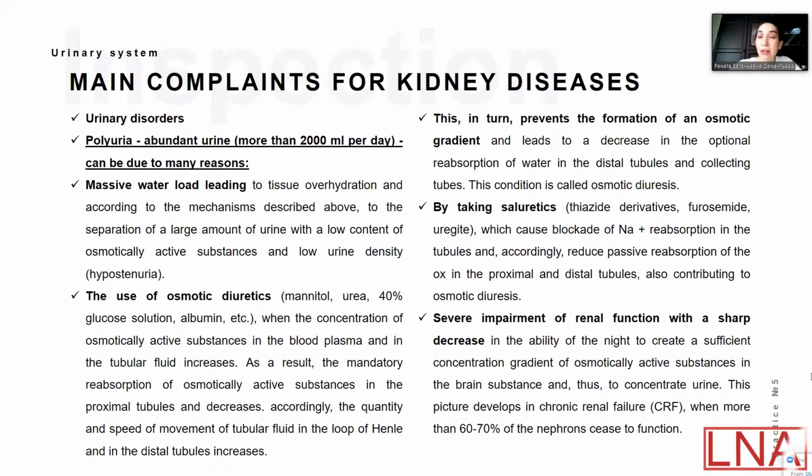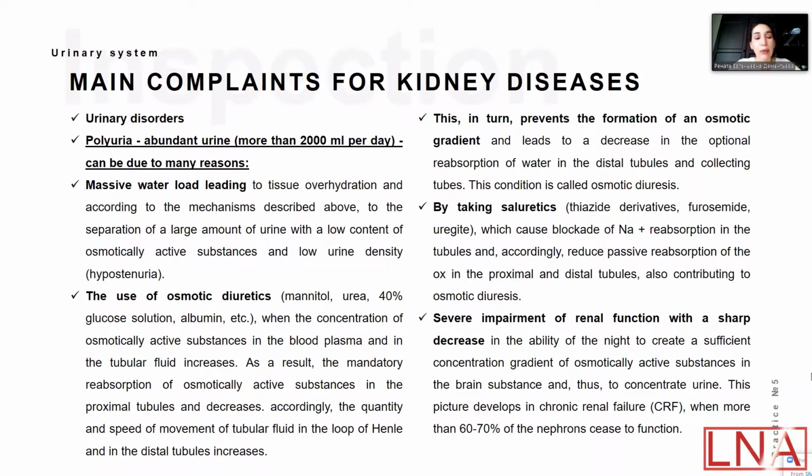The second cause of polyuria can be the use of osmotic diuretics. When the concentration of osmotically active substance in the blood plasma and in the tubular fluid increases, as a result the obligatory absorption in the proximal tubules decreases.